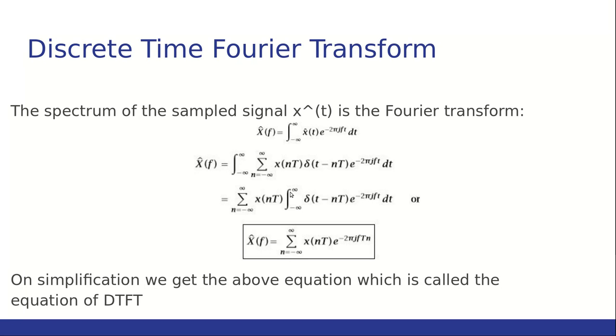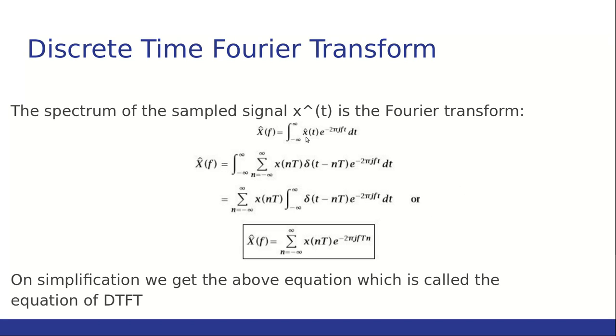Discrete time Fourier transform. The spectrum of a sampled signal is its Fourier transform. We can derive the discrete time Fourier transform formula from this, and let's see how.